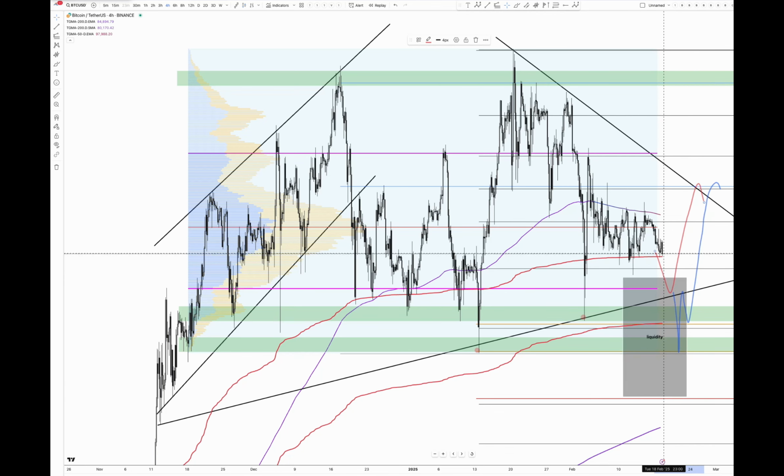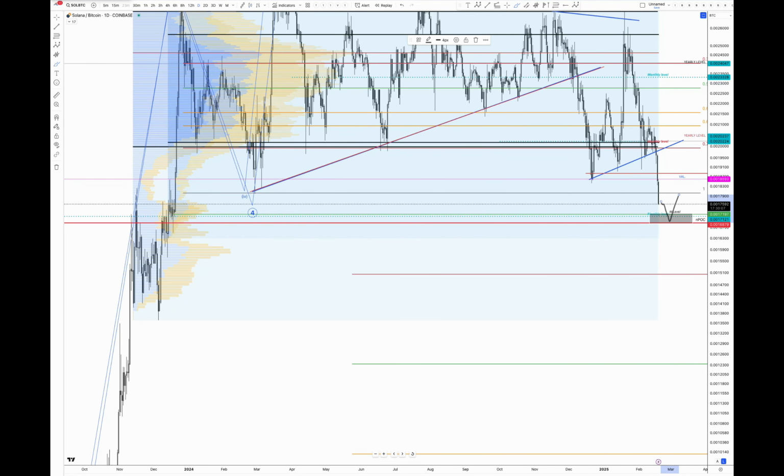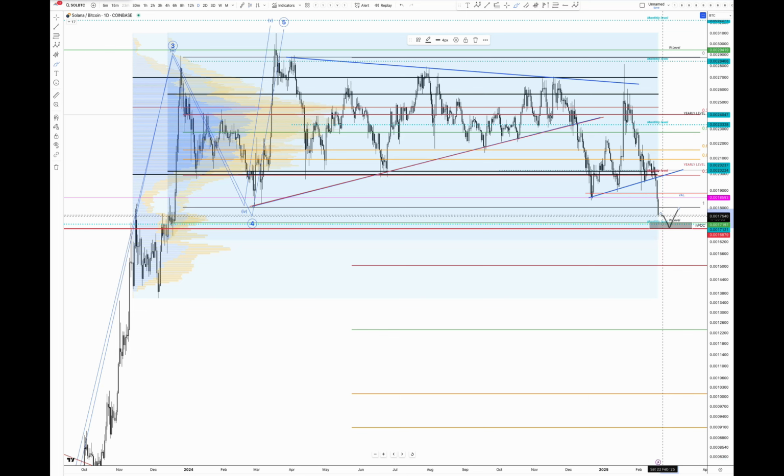We might just stay there, but I think this is a hopeful good trade, or a fake out with this trend line, and then take out these liquidities, take out major stuff, that one there, and potentially that one there. And this is the golden ratio. So going back to Solana, I think against Bitcoin, we still got lows to go.